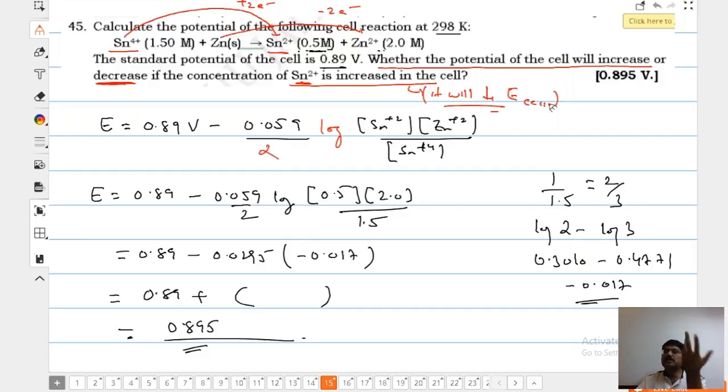Got it, beta? Le Chatelier's principle. There is nothing great there. Le Chatelier's principle will say if you increase the concentration of product, then the reaction will be moving in the backward direction. This was the question asked in JEE Advanced when it used to be subjective level questions.